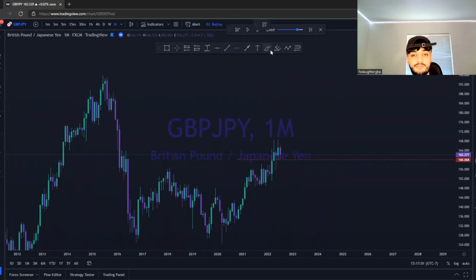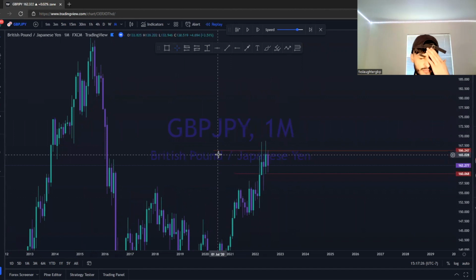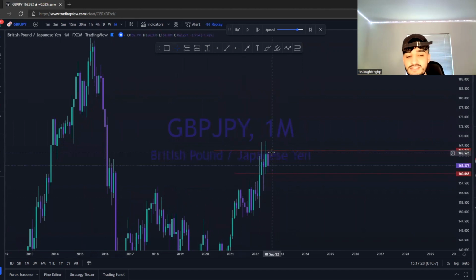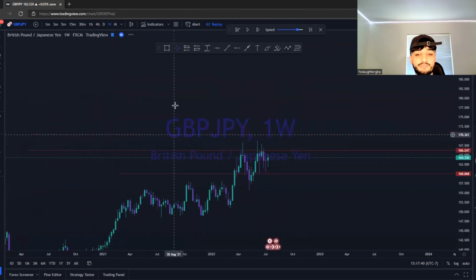So monthly resistance. The reason why I'm marking that wick as a resistance is because that's the current high, quote unquote. When it comes to high time frame, it's better to mark down the most latest high and low.